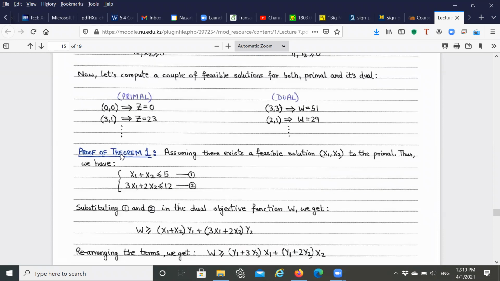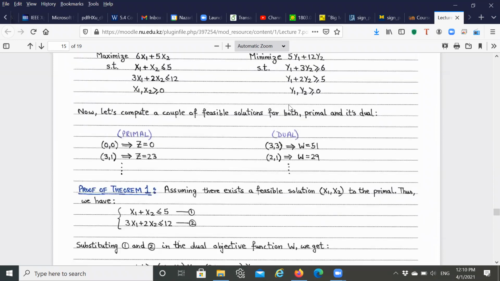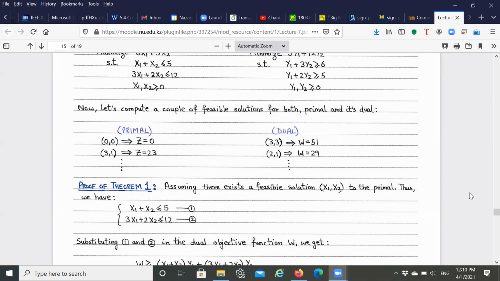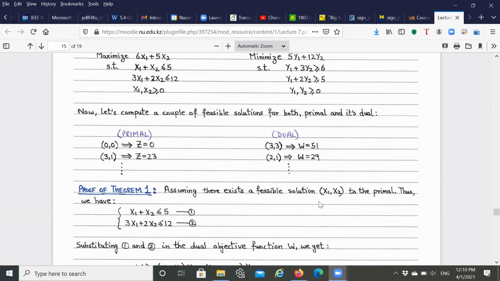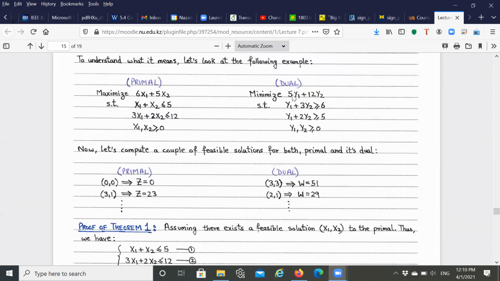Now if you look at the dual, let's go back to the dual. So this is the dual, and in the dual we have an objective function 5y1 plus 12y2 and two constraints. If you look at this 5 over here, it is basically this 5, and I'm saying x1 plus x2 is less than or equal to 5.